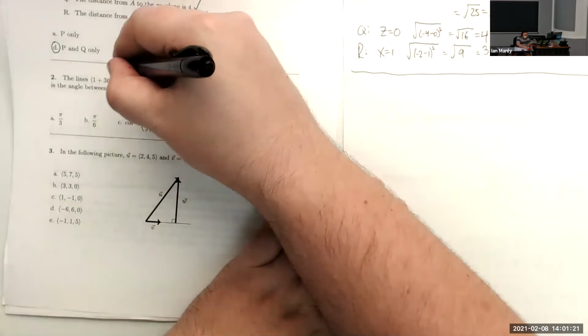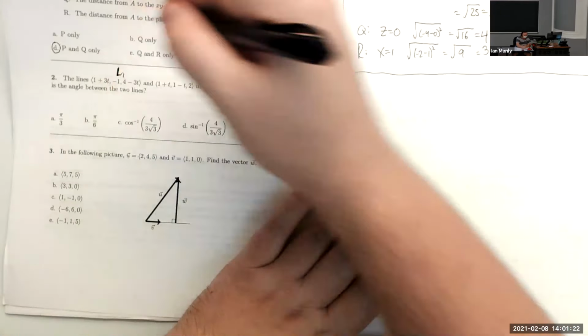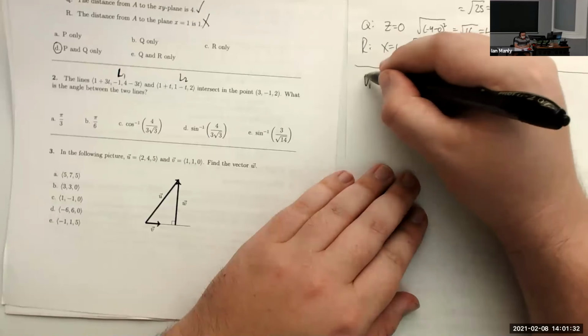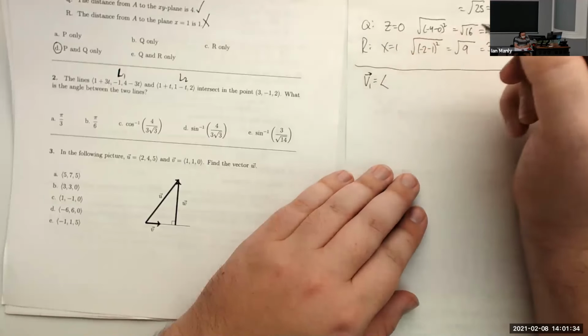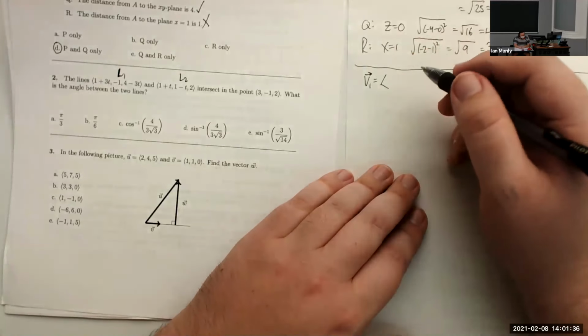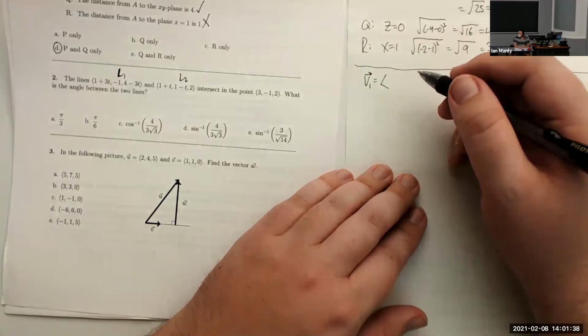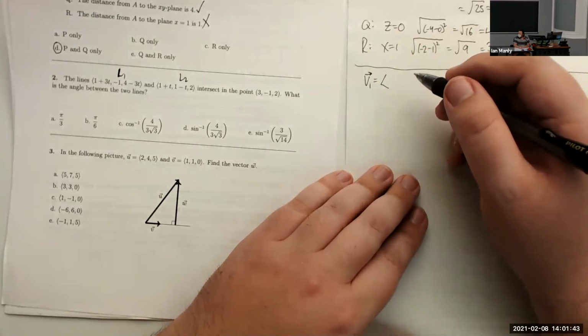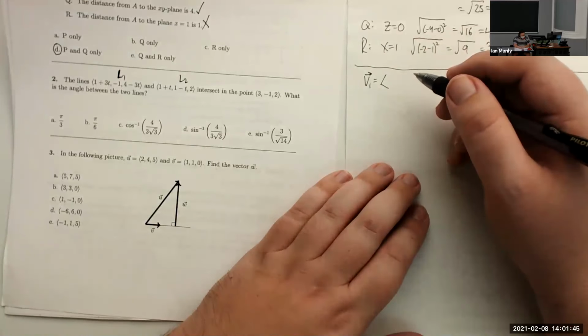So let's call this line 1. And we can call this line 2 right here. All right. So let's see here. I'm going to call V1 the direction vector for line 1. So can anyone tell me what the direction vector for line 1 is going to be? 3, 0, -3.